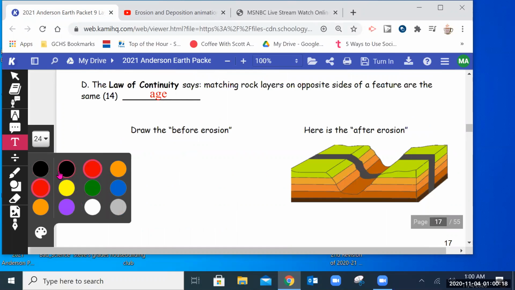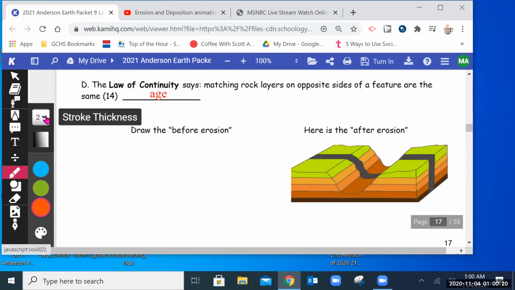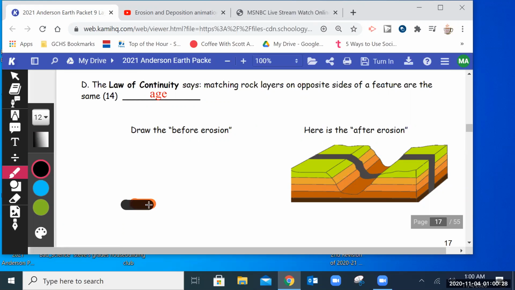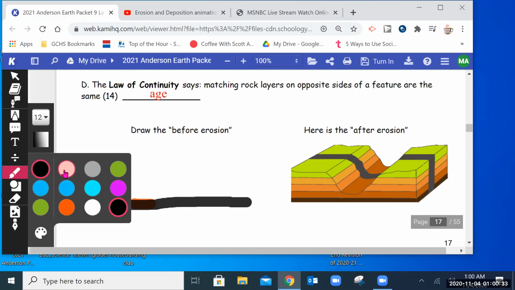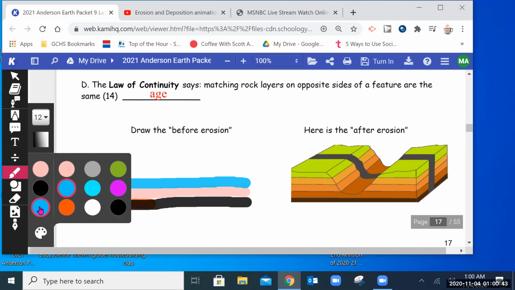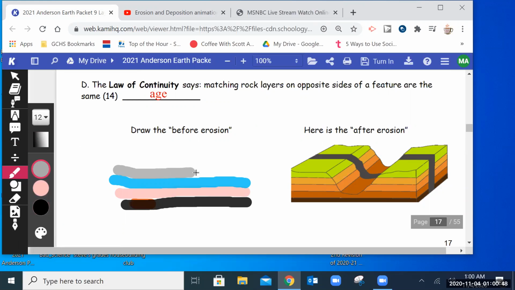So if I was to draw this, originally I'd have a black layer, and then another layer, and then another layer, and one more here. And then we had a river flow through this.